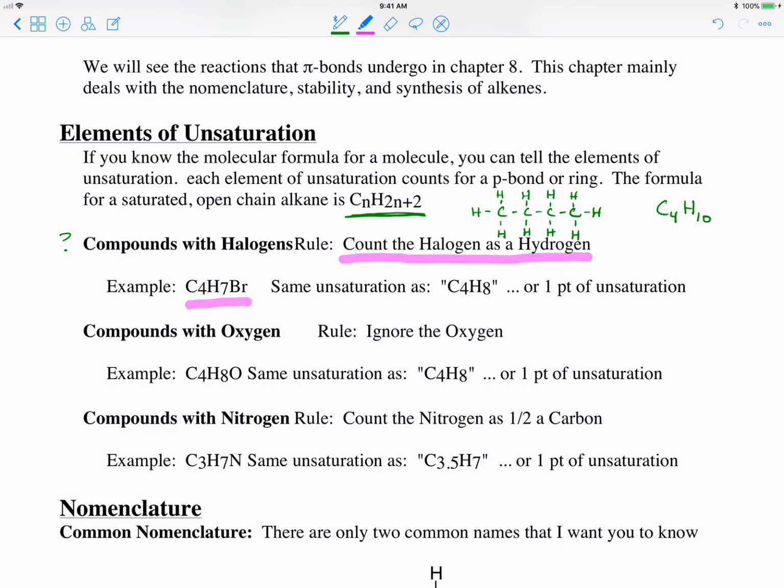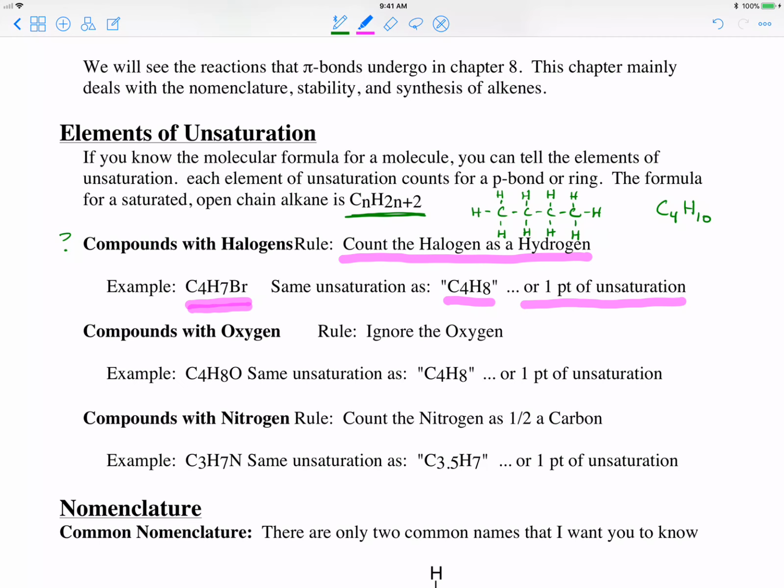If you're trying to figure out the points of unsaturation and you have halogens in your molecule, all you do is count them as hydrogens. So C4H7Br, think of it as taking the halogen off and putting hydrogen in its place. That's C4H8. That would have 1 point of unsaturation, meaning 1 pi bond or 1 ring.